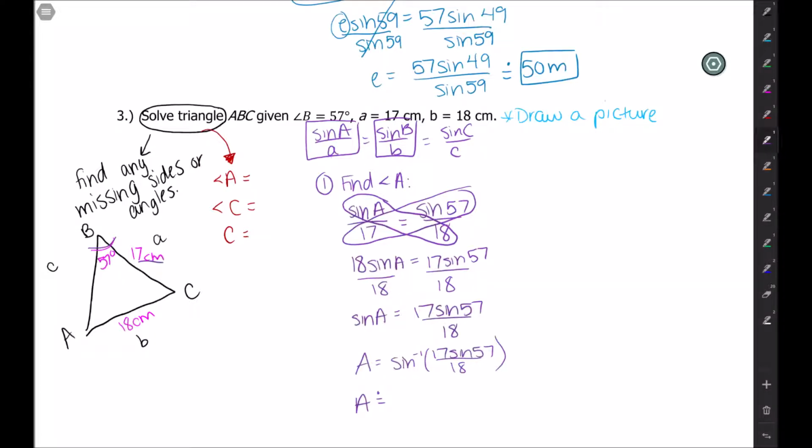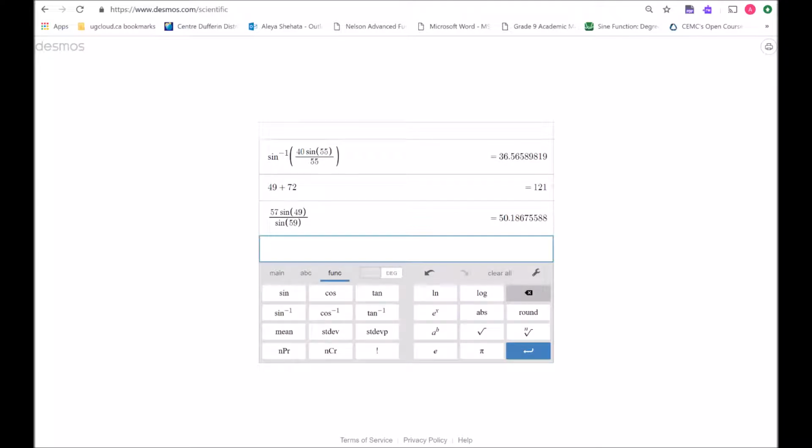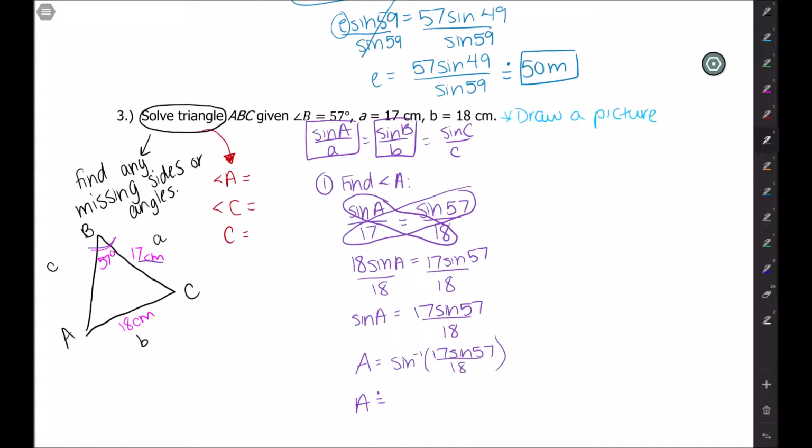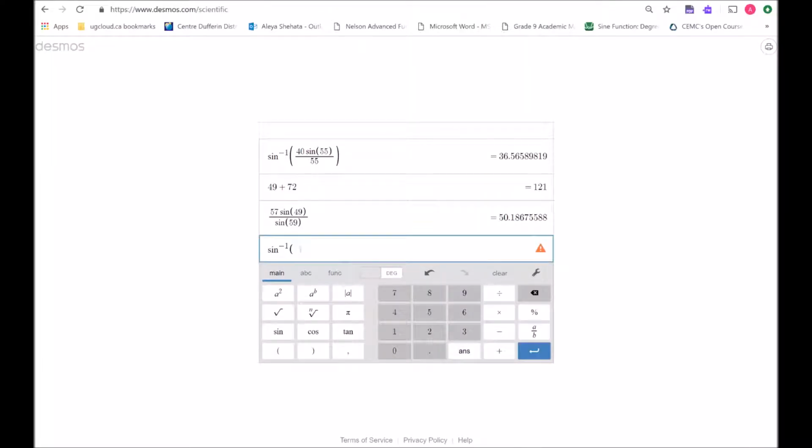So I'm going to do the inverse sine right here. I'm going to go to function, do the inverse sine, and then put in my fraction by pressing the divides button. Now it's 17 times the sine of 57 over 18.